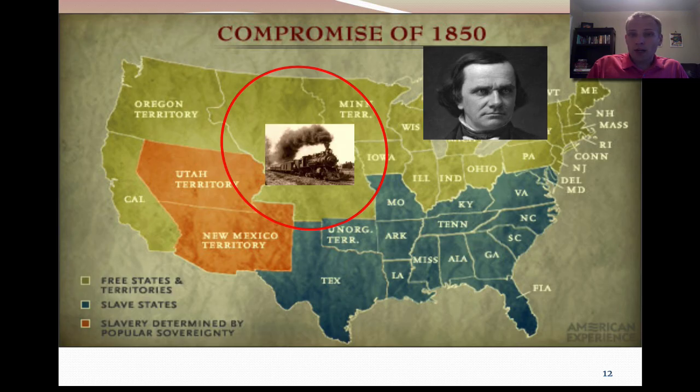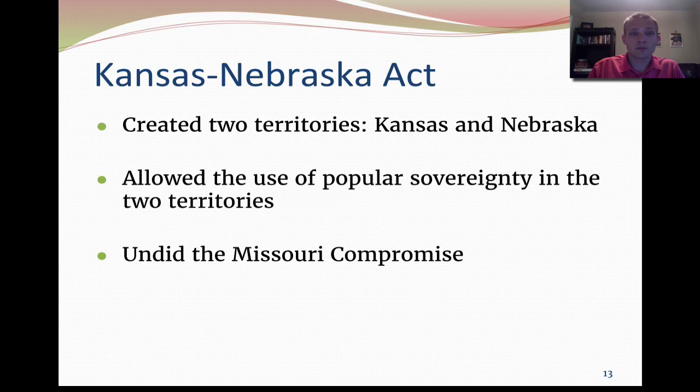He wants this to go all the way from California with a junction in Chicago, where he owns land, so he would make money off of this as well. And in order to do this, those territories have to become states. He knows that the South isn't going to like the idea of organizing this area into states because it's banned, so he comes up with a new compromise, and that is the Kansas-Nebraska Act.